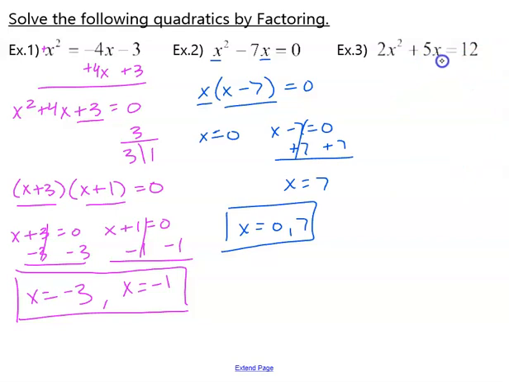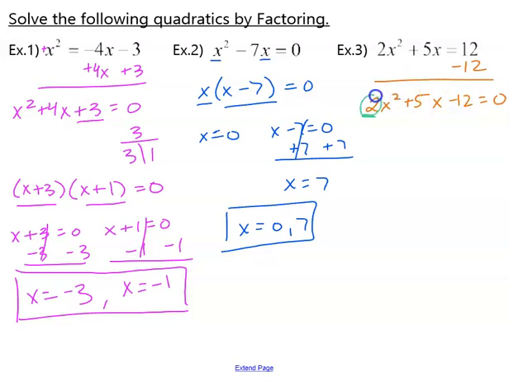Now in example 3, again, our first step is to set this equal to 0, so let's subtract 12 to the other side. So we have 2x squared plus 5x minus 12 equals 0. Now for this one, we do have a leading coefficient of 2, and it can't be divided through the rest of the function.